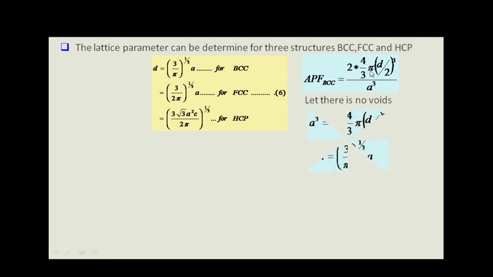So that is what I am doing, a cube with side a, let us say it's a 1. Atomic packing fraction 100% packed, no voids, and therefore I can equate this, and from that I can find out that d is equal to (3 by pi) raised to 1 by 3, or cube root of 3 by pi, into a. That is the first one.